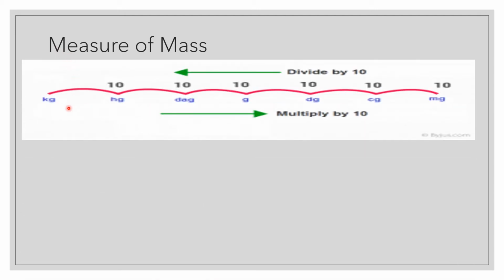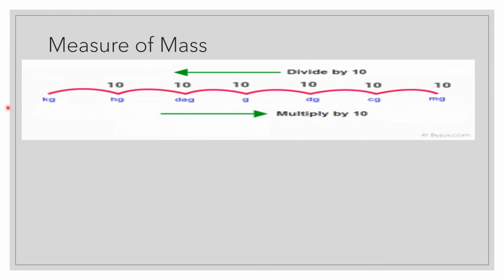For measures of mass, we are going to use this for our metric. Start from kilogram. Before, for length, this is km, hm, dam. Now this time we're going to change it by g. So we have kilogram, hectogram, decagram, gram, decigram, centigram, and milligram. You notice that the mass and the length have the same pattern. Going to the right, multiply.